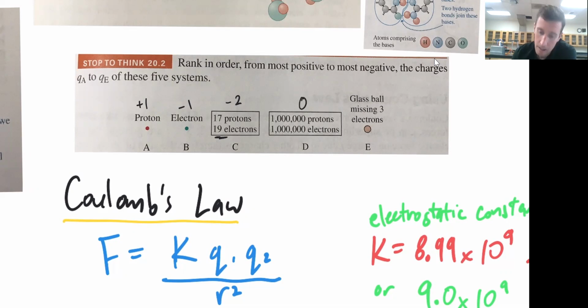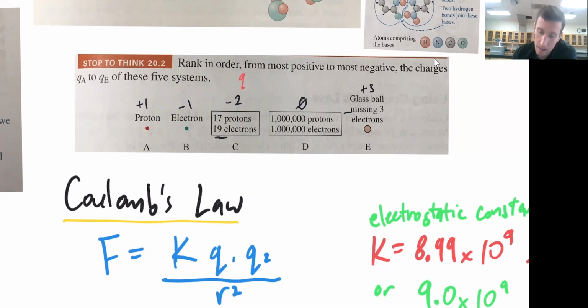So that is net neutral, right? 0. And then a glass ball missing 3 electrons, that's +3.